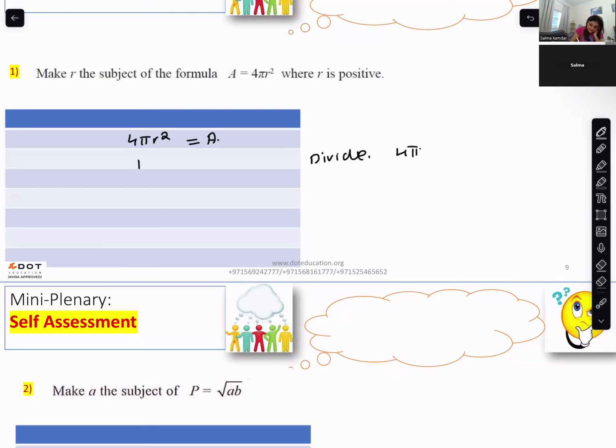So I will get R square is equal to A by 4 pi. Then I'm going to take square roots on both the sides. So I will get R is equal to, don't forget to have the plus or minus sign, root of A by 4 pi. So this is making R the subject.